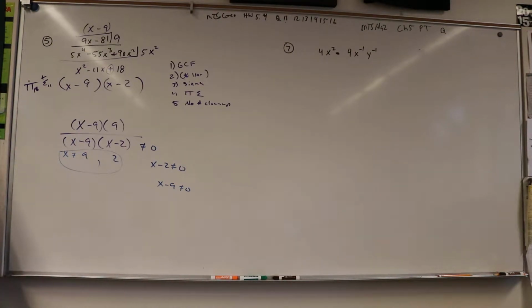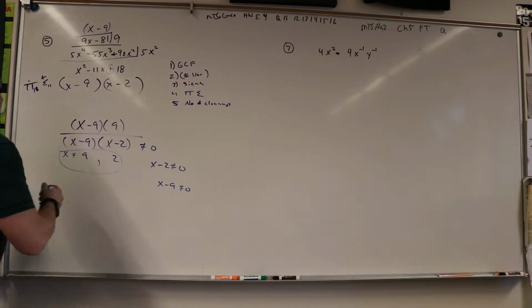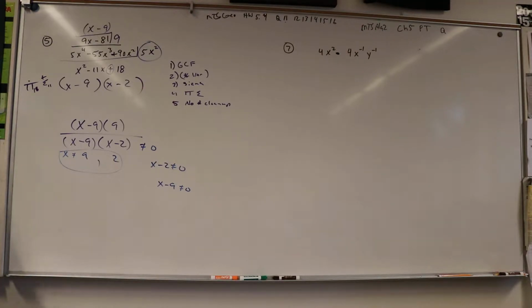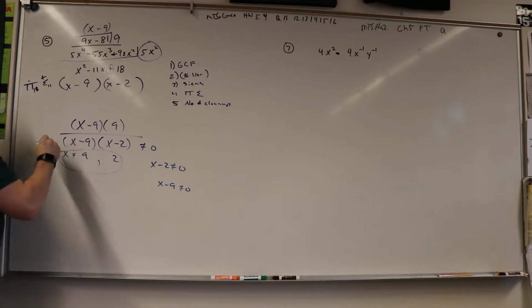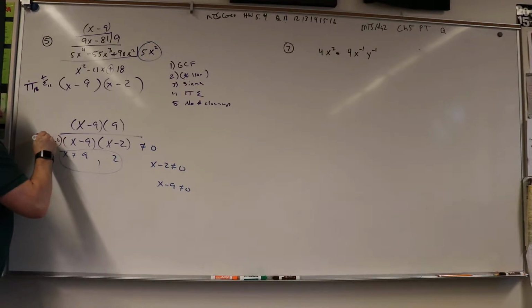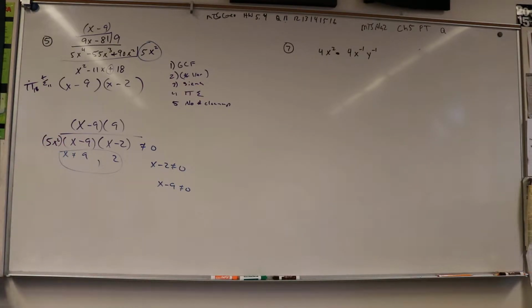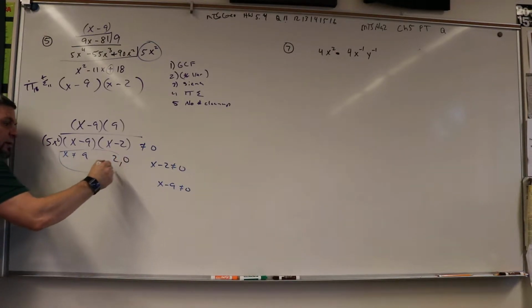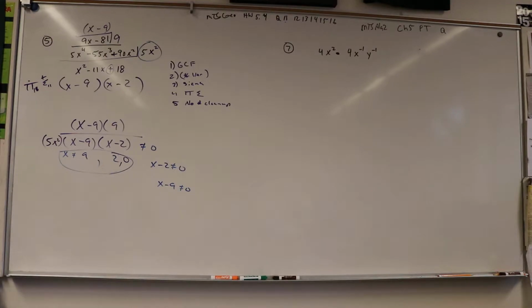What's the problem? What happened to the 9 and the 5x squared? Are you supposed to keep those out? Oh! Very good. I forgot this piece, didn't I? That's huge. That should be out here. And I should know whenever I have a single piece that it should be a 0, right?